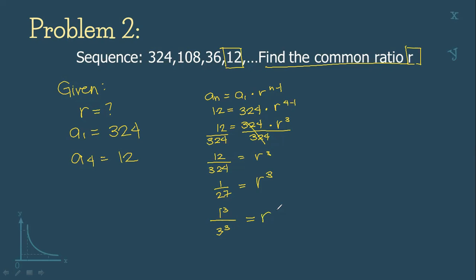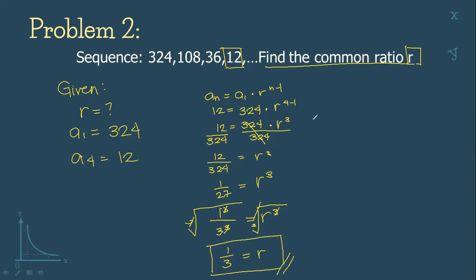So kung makikita nyo po, lahat sila may exponent 3. So ibig sabihin, pwede na natin silang i-cube root ngayon. So taking the cube root of both sides of the equation makes us cancel po all of the exponents. So, ibig sabihin po, ang matitira na lang is 1/3 is equal to r. And this, my dear students, is the correct answer.